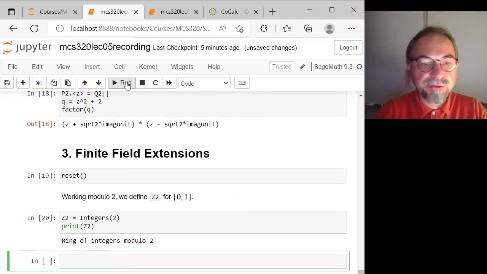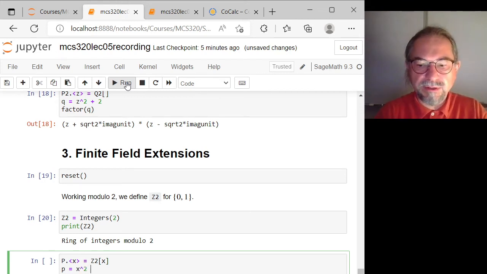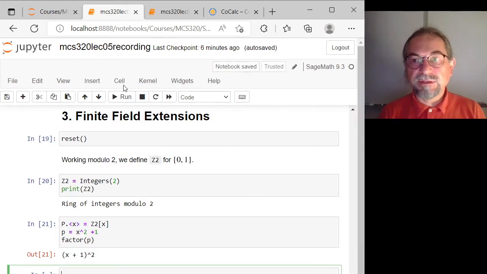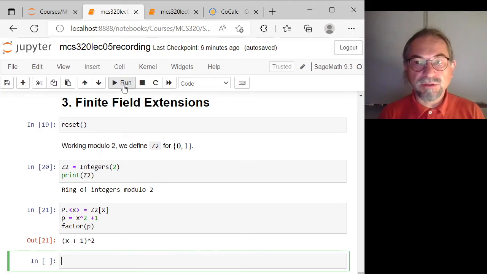So let me look at the polynomial ring over z2 and the polynomial x squared plus 1. You see that over this number field, the x squared plus 1 factors. So over the binary numbers, no problem with x squared plus 1.